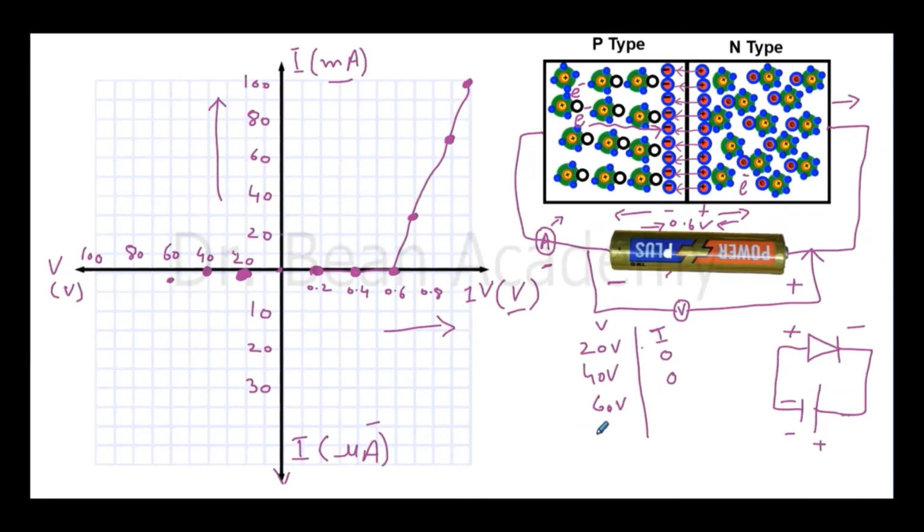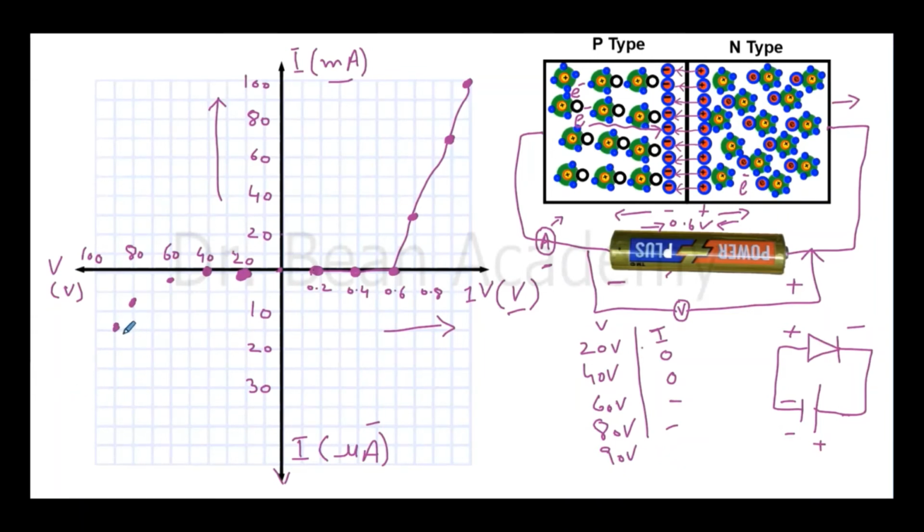And let's see, I apply 80 volts. Then I will see some current values, maybe around here. And see, I set 90 volts. Maybe I will see a current value around here.